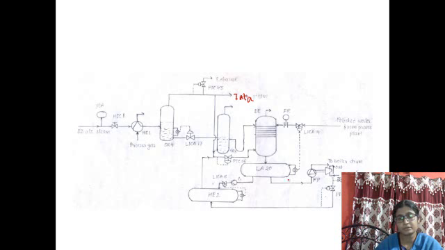So normally the deaerated water should be stored in the storage tank, and that should be fed to the boiler drum through the feed pump. This is FP, which stands for feed pump. This is a steam turbine driven boiler feed pump. So that will send it to the boiler drum.